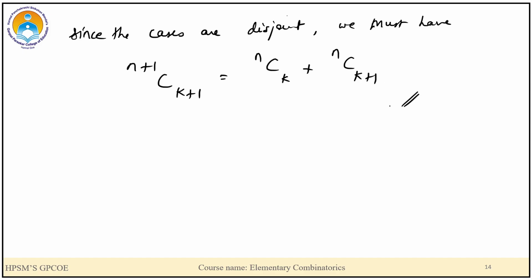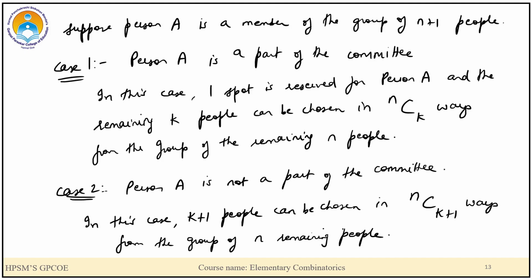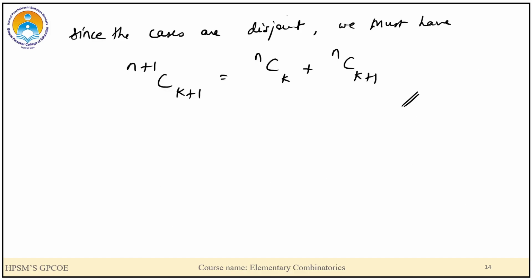And again, these cases are exhaustive. There is no other case which you can create using the position of person A in the committee. He is either a part of the committee or he is not. So this is Pascal's identity using a combinatorial argument.